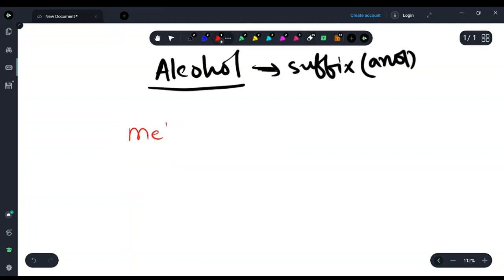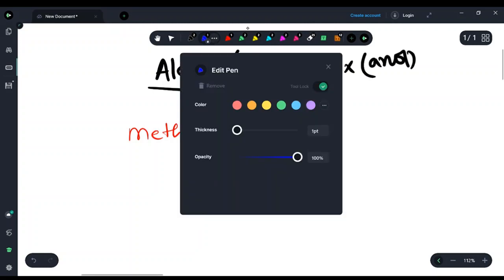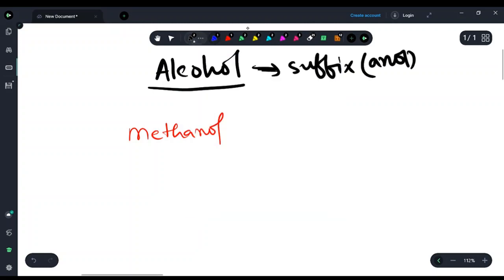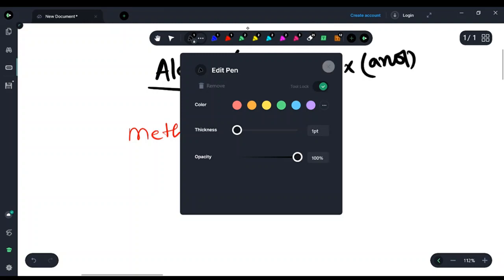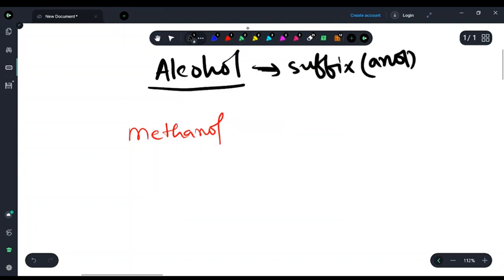So let's do methanol. I guess my blue pen. Let me just decrease the point of these pens. Okay, so methanol. We know methane to be one carbon, and there are four hands, and each hand will have hydrogen.